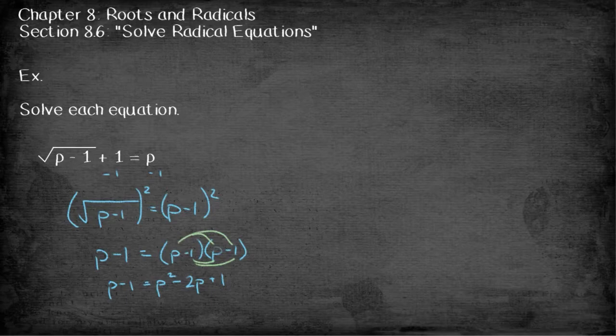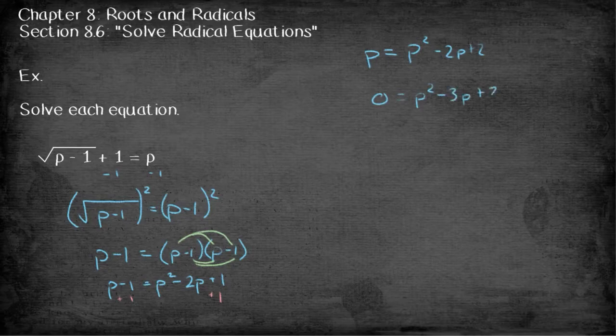So I'll get everything on one side of the equation. I'll have to add 1. So I have p equals p squared minus 2p plus 2, and then subtract a p. So really we have 0 equals p squared minus 3p plus 2.